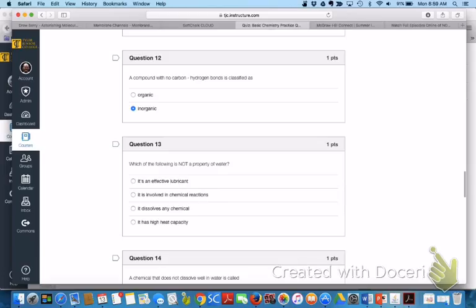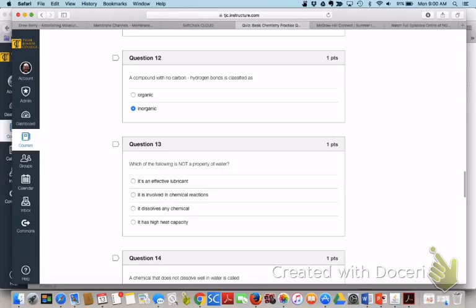All right, question 13. Which of the following is not a property of water? You had sort of a laundry list of properties of water that you were supposed to read about. If you were in my class, I didn't lecture on them. Did Dr. Boucher lecture on these? Yeah, it's pretty easy to read. It's very descriptive. So what do you know about water? Is it an effective lubricant? Yes. Absolutely.